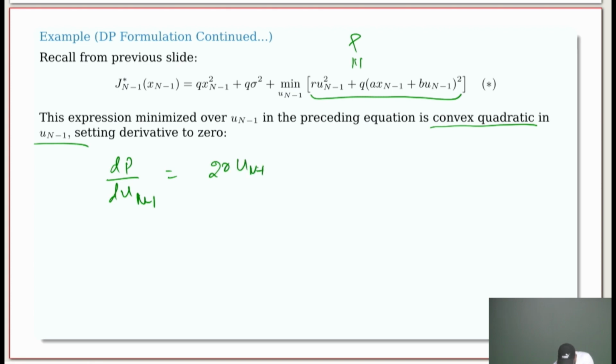The derivative of the first term is 2r u_{n-1}, plus the derivative of the second term, which is 2q(a x_{n-1} + b u_{n-1}). The 2 came down, and then by chain rule we have to take the derivative of the inside term, which will be just b.